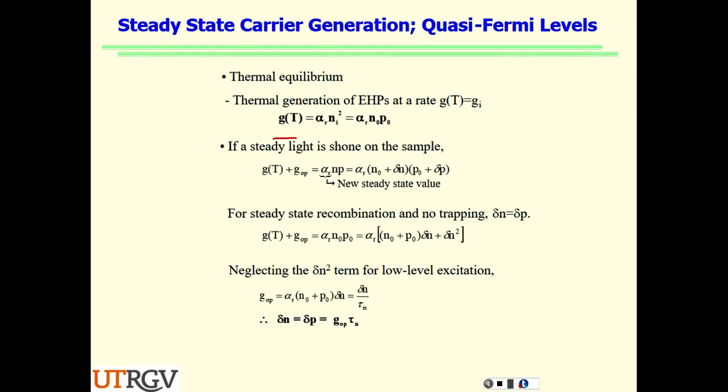We know we looked at it before, it would be sigma R Ni squared, where sigma R was the recombination rate constant.